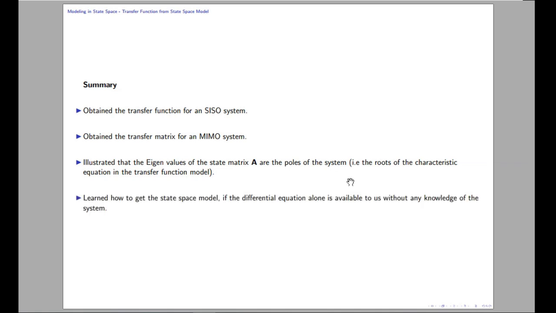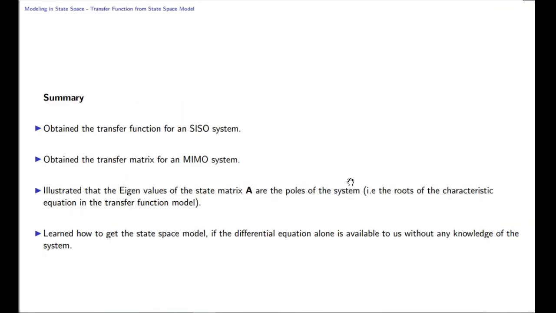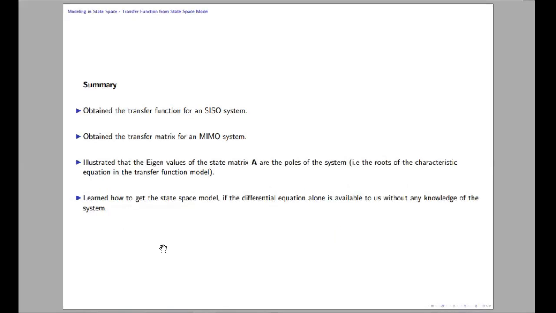Okay, and while doing these three numerical problems, we also learned how to get a state space model if only the differential equation is given to you and you do not have any knowledge about the system. In that case, how you should get the state space model for such systems. Okay, so these are the things we learned in this lecture.